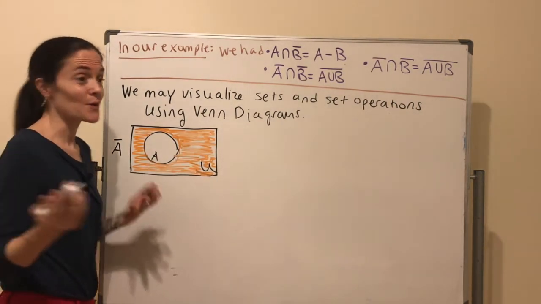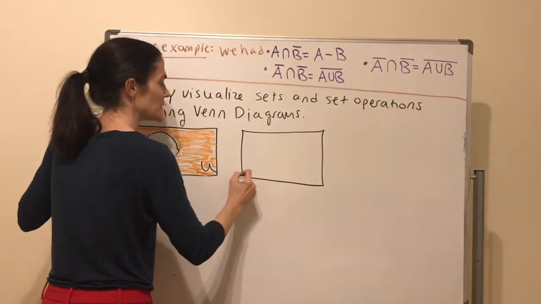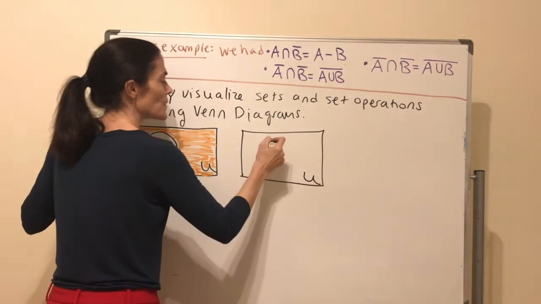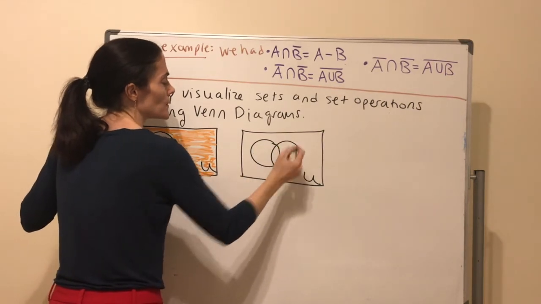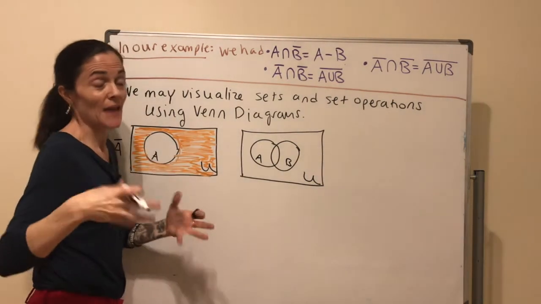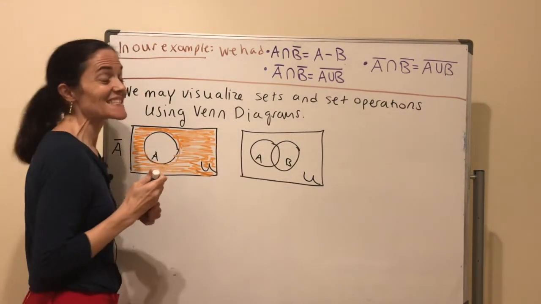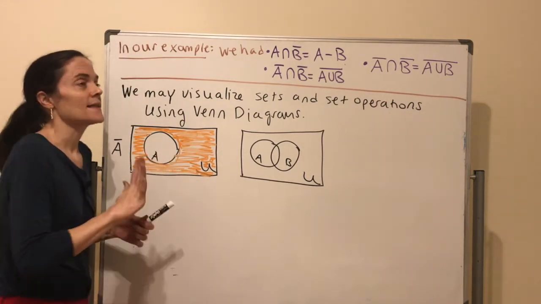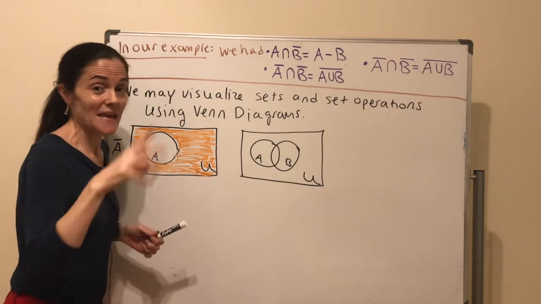Let me show you what a Venn diagram for 2 sets looks like. You have your universe U, and then you want to draw 2 sets, A and B, in the abstract sense. An A and a B look like this. And just like here, you think about each set occupying the space inside its circle.